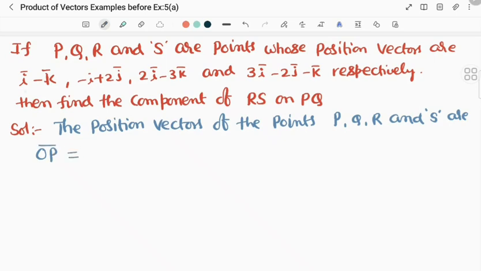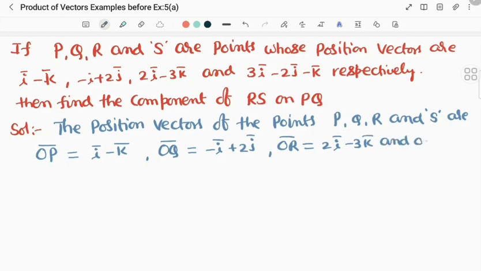OP bar, i minus k is given, no? I bar minus k bar. Next OQ, minus i plus 2j. Next OR, 2i minus 3k. And OS, better to write down, OS equal to 3i minus 2j minus k.